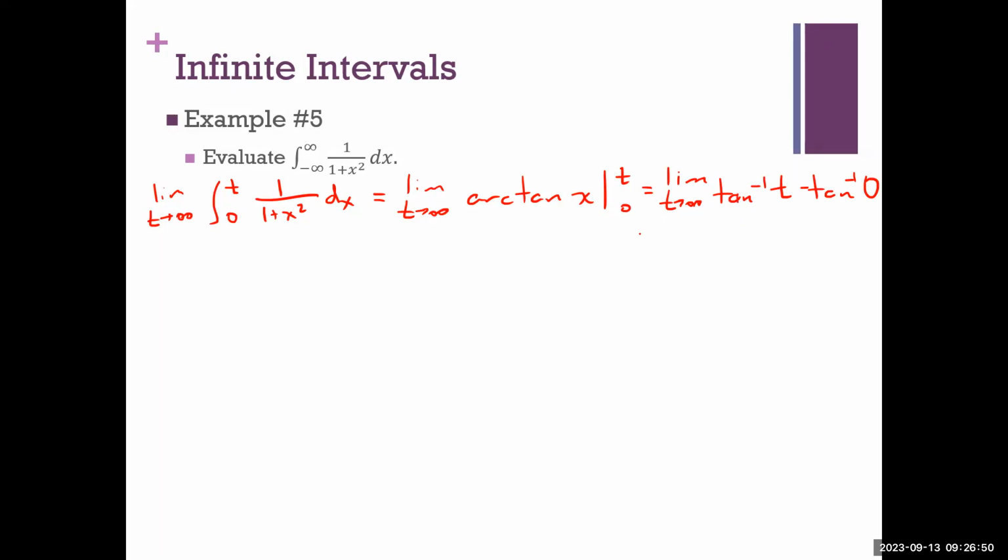Do we know what the arctangent of 0 is? What does arctangent mean?